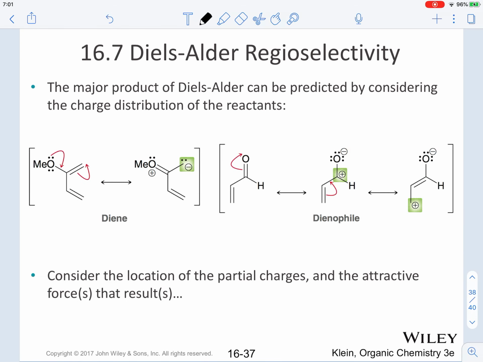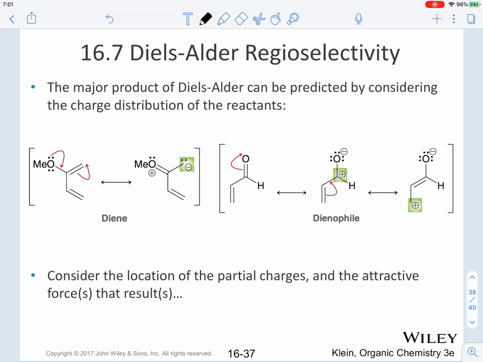When we are trying to determine which one is the major product and which one is the minor product, depending on the dienophile and the diene that we have, we need to consider the following. The major product of the Diels-Alder reaction can be predicted by considering the charge distribution of the reactants.